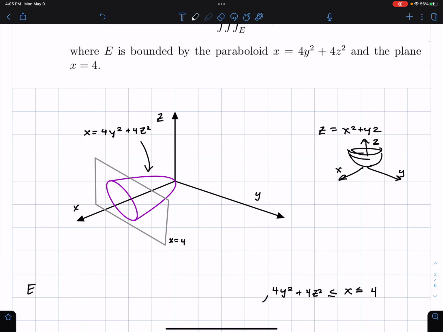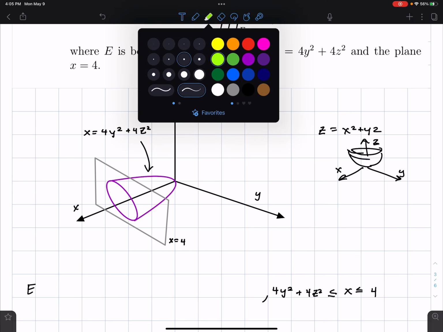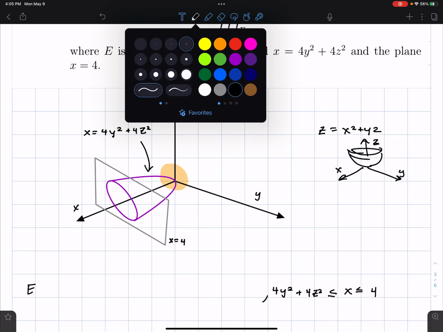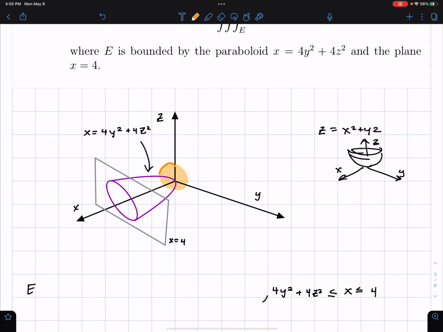That's a good question, how can I explain why it projects there? Let me draw it. So it's going to project here onto D.